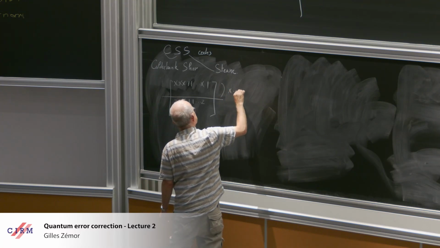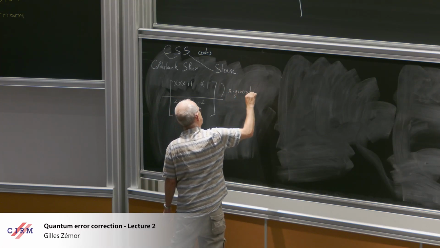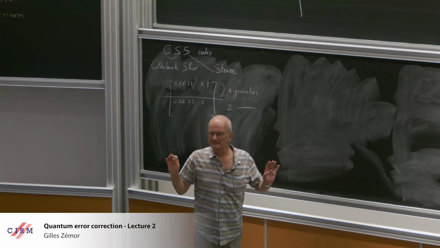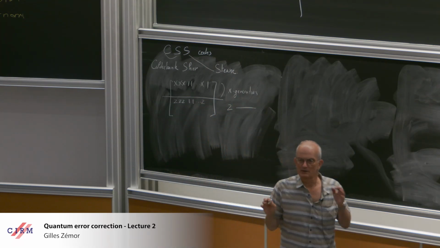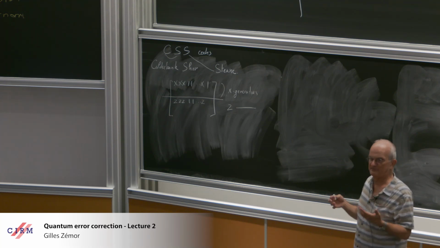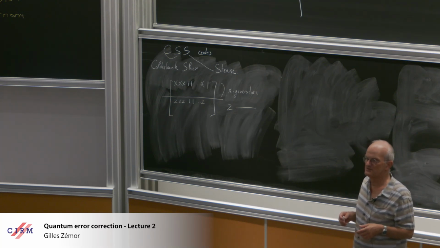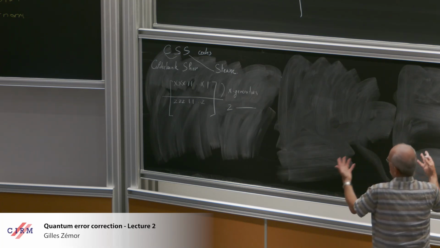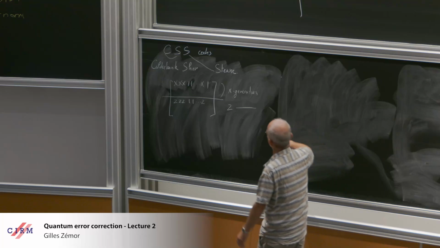X generators, Z generators. That's it. That's a CSS code. Their sets of generators are easier to deal with, to devise, than the general format of a stabilizer code.